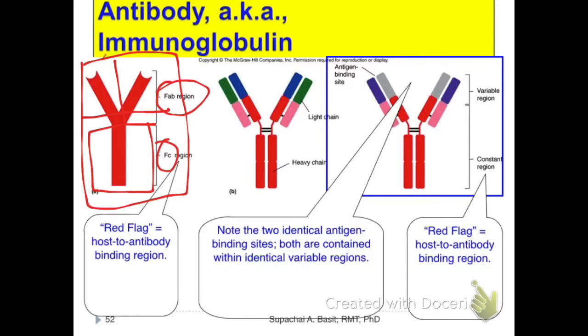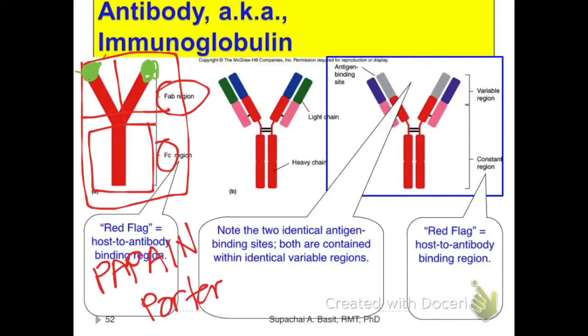Who studied antibodies? Papain, the enzyme that could fragment the antibodies. But the model was proposed by Porter. FAB is the fragment for antigen binding, because antigen will usually bind at this particular portion.